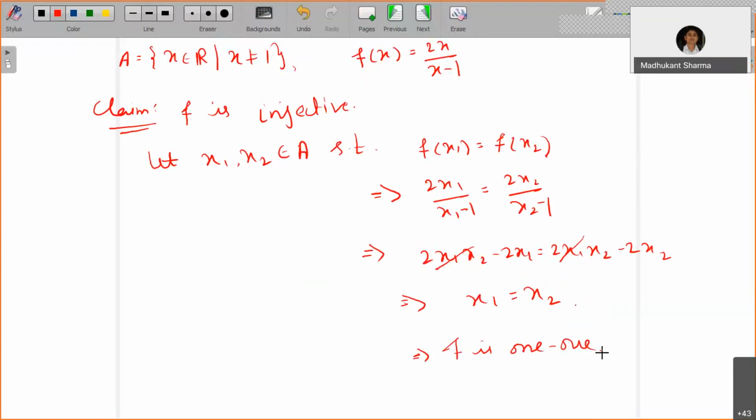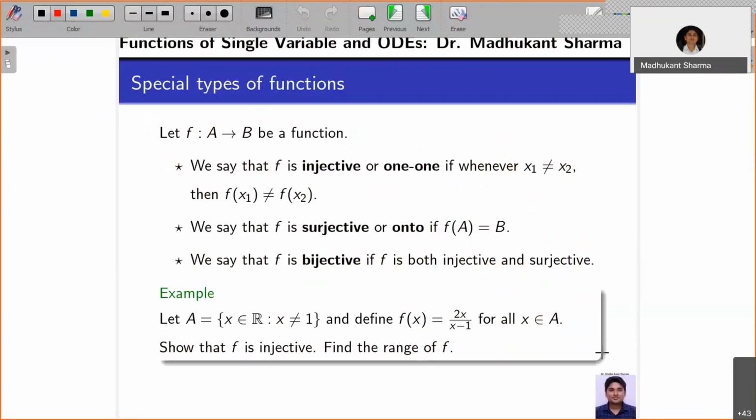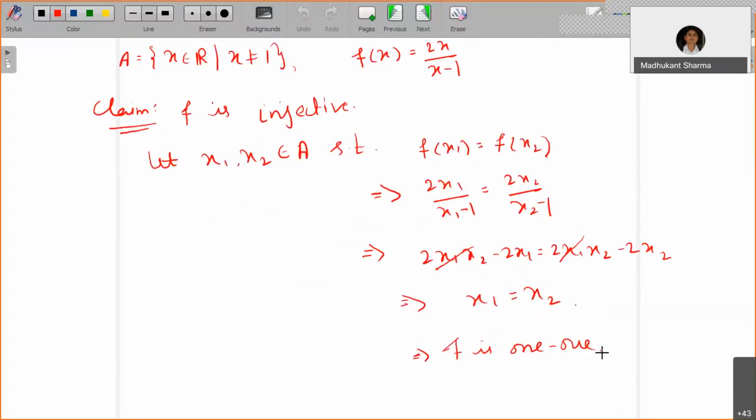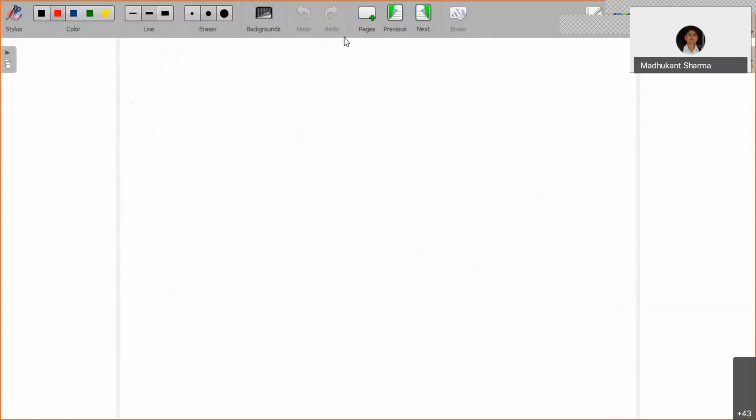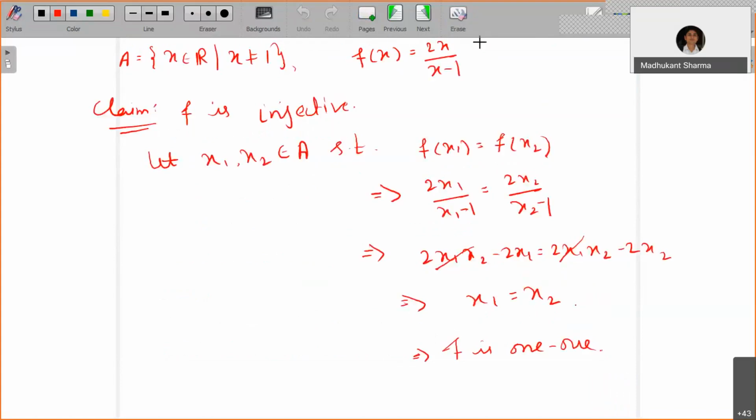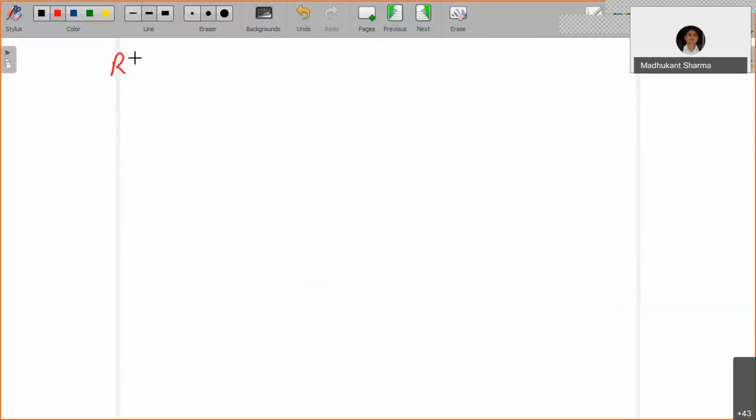Now the next problem here is to find the range of f. If you talk about the range, the range is also a subset of real numbers. So again, if you give a real number as input, the output is also a real number. So the range of f equals f of x such that x belongs to A. So let y belong to Rf.